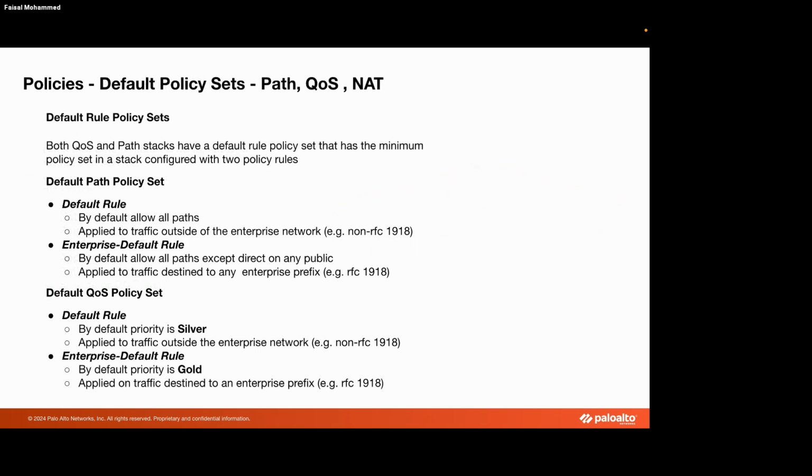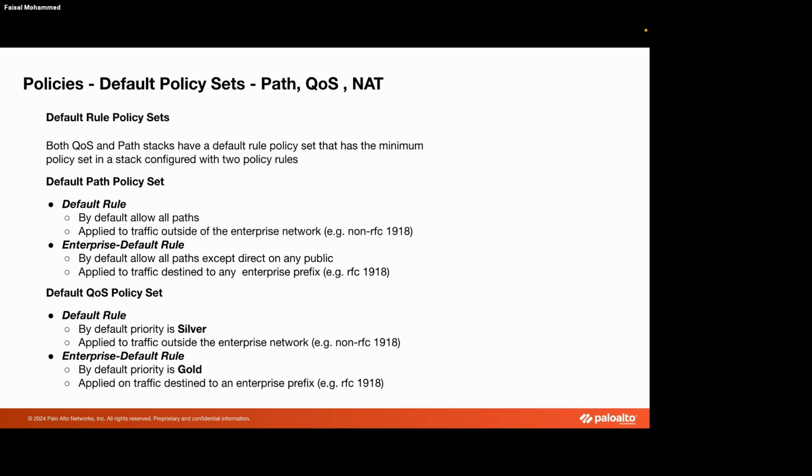For the default policy sets for path, QoS, and NAT, we have a default rule, which by default allows all paths for all traffic. You can modify this to limit it to a specific WAN path, and then it will apply accordingly. It doesn't impact any private IP. Any traffic destined to the internet will fall under the default rule.